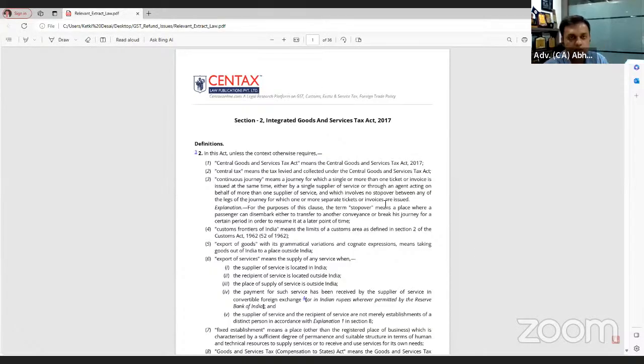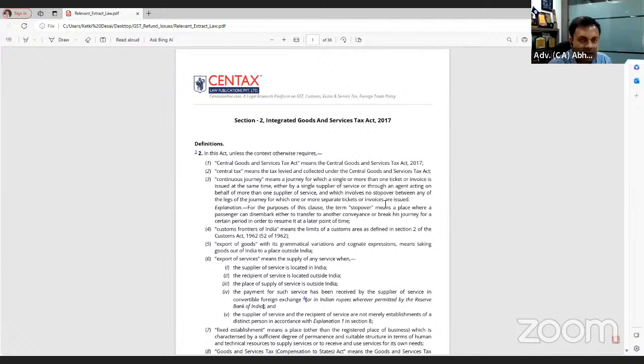So this is an extract of the relevant provisions that we are going to discuss, to help you understand the issues. If you see the way exports have been defined under the GST Act, this is an extract of the IGST Act, where clause 5 of section 2 defines the export of goods to be taking goods out of India to a place outside India.